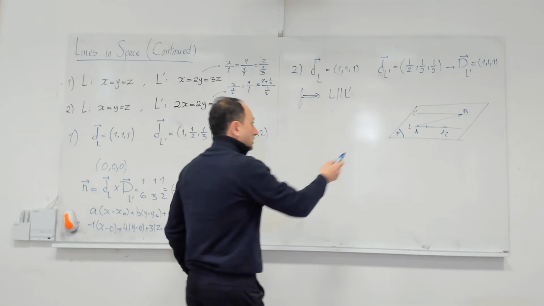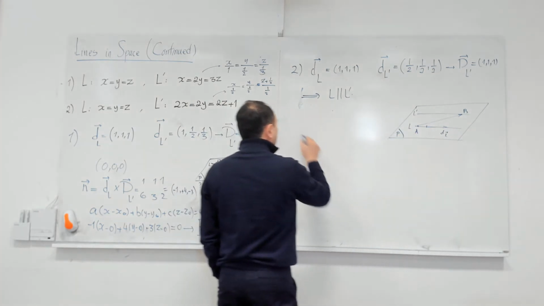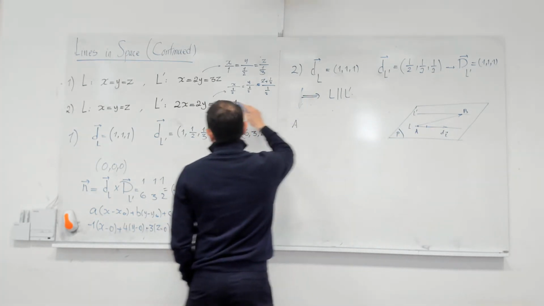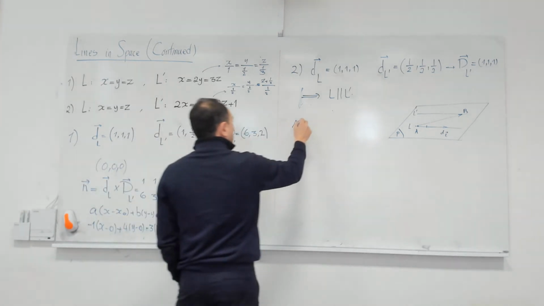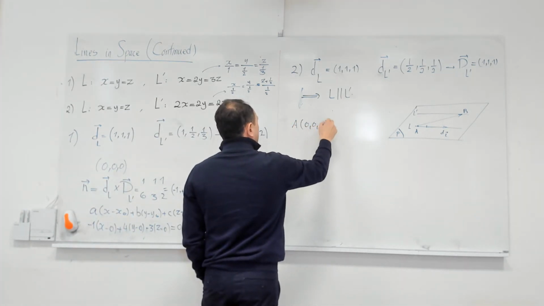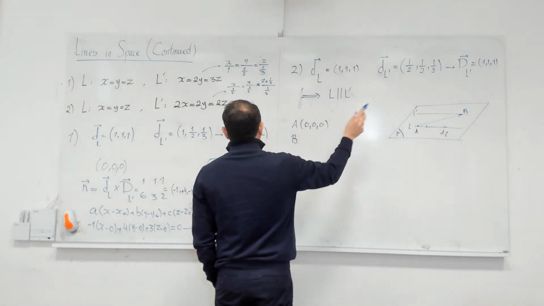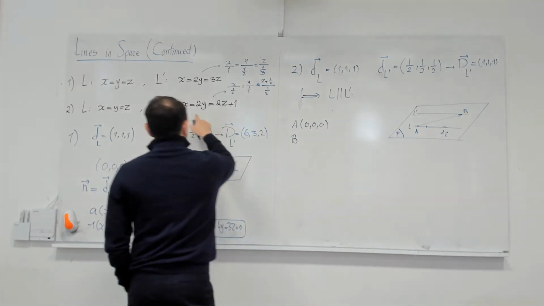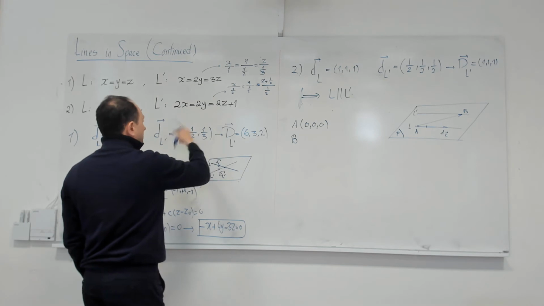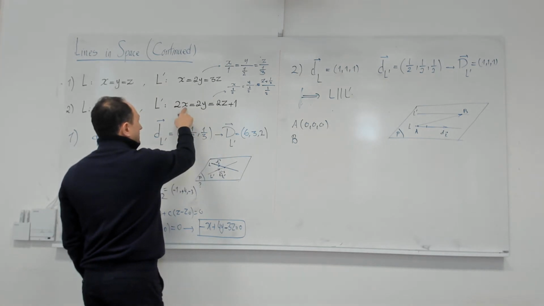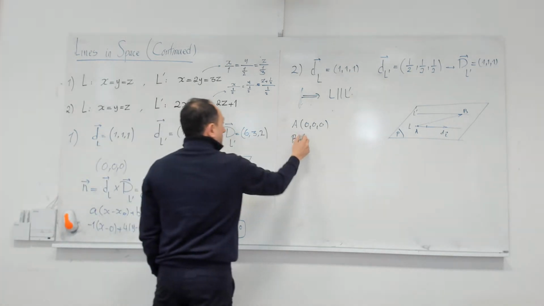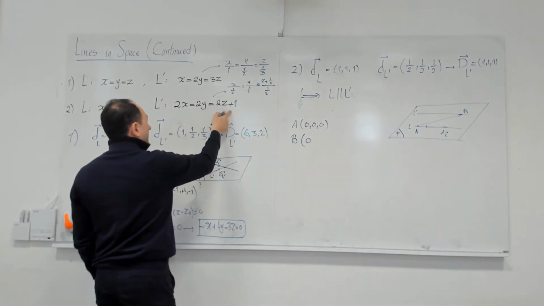So let us just do it quickly. For A, I find a random point here, which I believe it is better to call 0, 0, 0 again. But I also need a random point B on L prime. So what is the L prime? Let me just put x equal to 0. If I put x equal to 0, then I have to calculate everything.